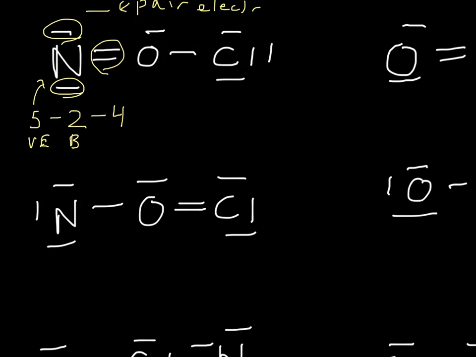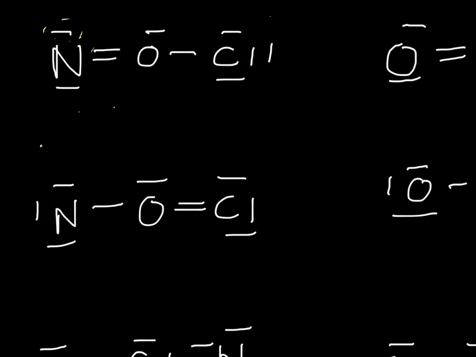I introduced that in the last lecture on Lewis structures, but I'm going to be using it heavily here. But anyway, 5 minus 2 minus 4 is negative 1. So the formal charge for our nitrogen there is negative 1.